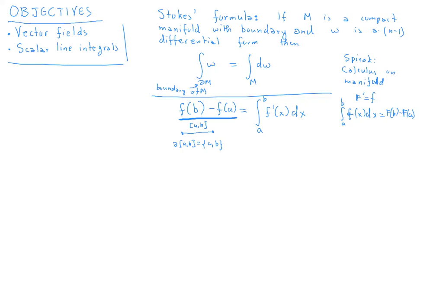And if we view the function as a zero form, then its differential is a one form, which is integrated here from a to b. So believe it or not, the very strange formula that you have on the top, I haven't even said what a manifold is or a compact manifold is or what the boundary is, strictly speaking. And certainly I didn't say what the differential form is. But all of these objects are in complete analogy to the well-known fundamental theorem of calculus.